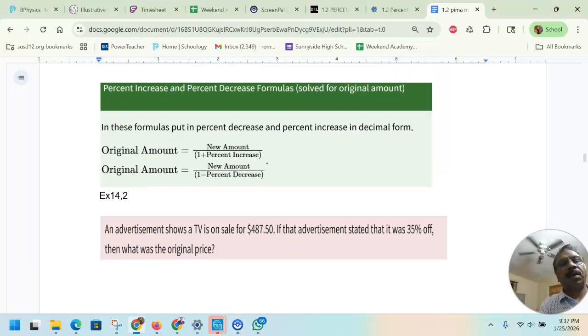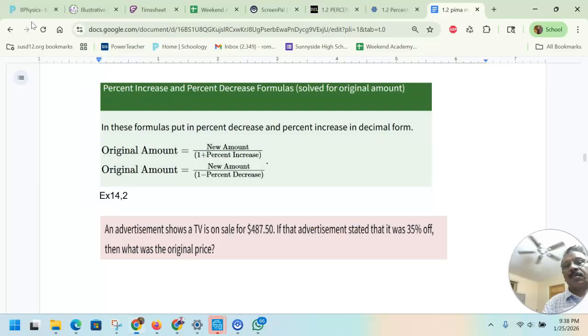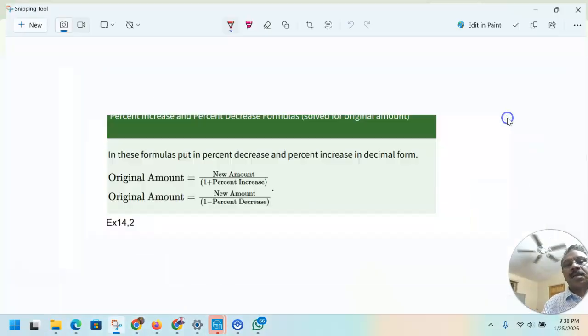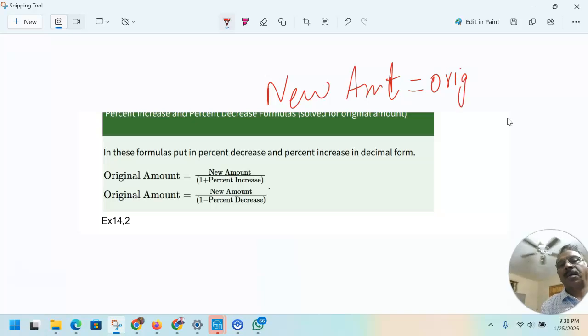You can see these formulas: the original amount and the new amount are the same thing, but directly written. Let me write what I'm saying. In the beginning we had the new amount. The new amount is the original amount times 1 plus percent increase, right?